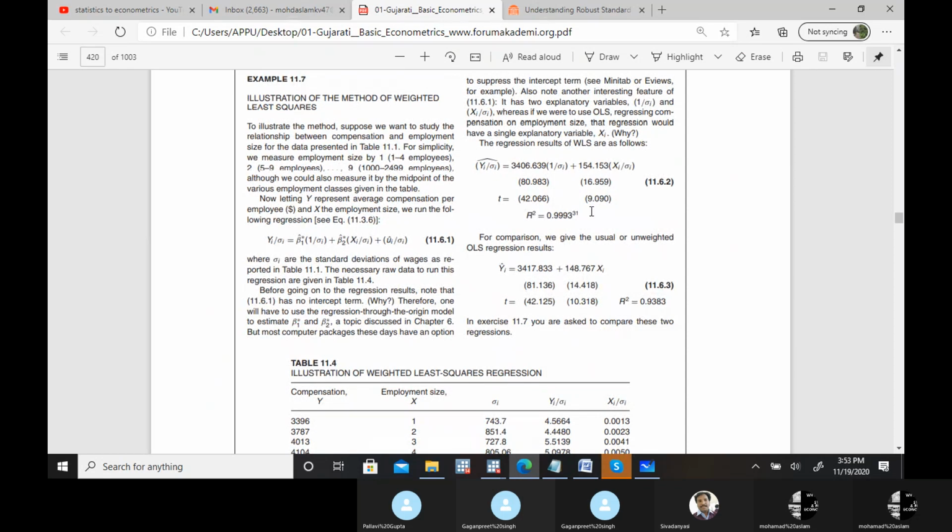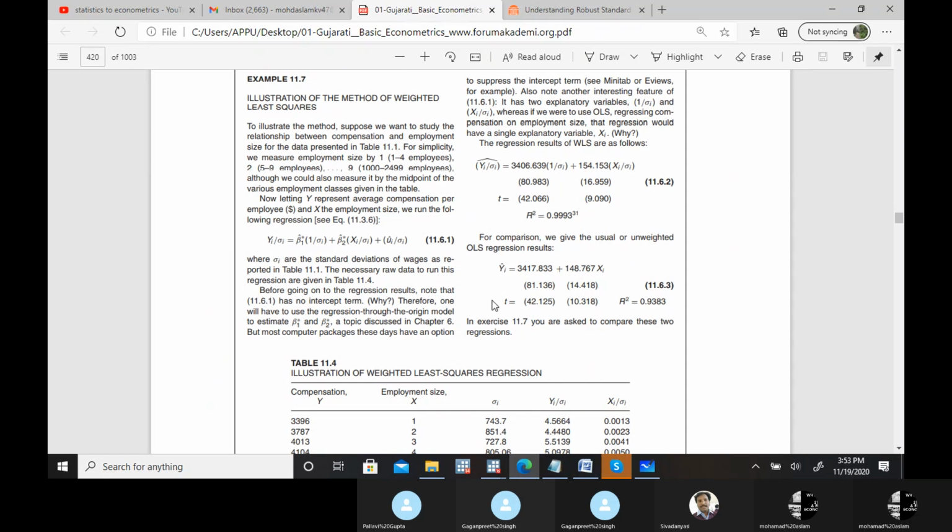And this is the case now where there is no heteroscedasticity, because we already divided with that variation, so that gets reduced. And this is the actual unweighted one, where you can find that the t ratios are comparatively quite high. Sorry, yeah, the results are totally different.